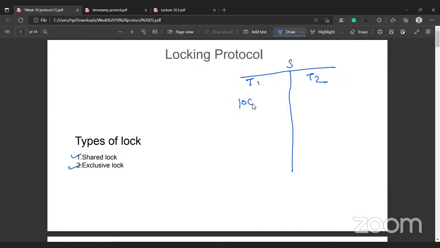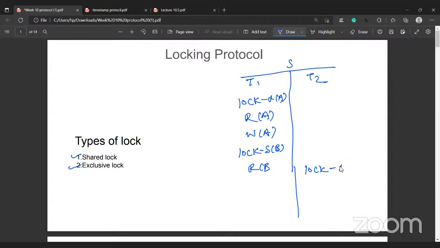So exclusive lock A, then read A, then write A. Suppose transaction T1 performs shared lock to perform a read operation, then read B, and transaction T2 performs a write operation on B. So exclusive lock B, then write B. Is this following the locking protocol?